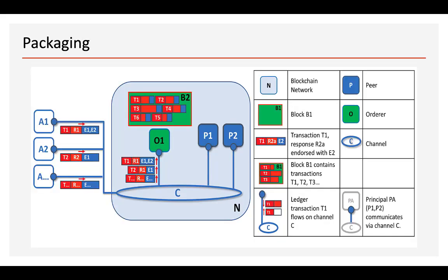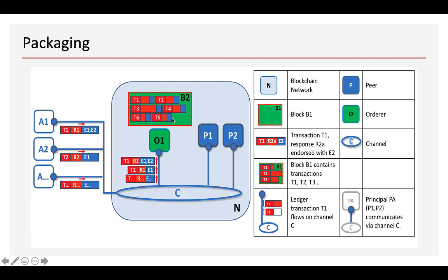And then once there is a sufficient number of these transactions at the orderer, it will do whatever is required to, first of all, reach a consensus on the ordering of the transactions across the different transactions. Then it will create a block. So that's what the block is.